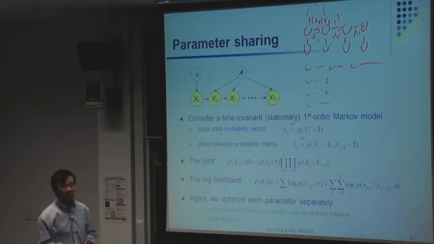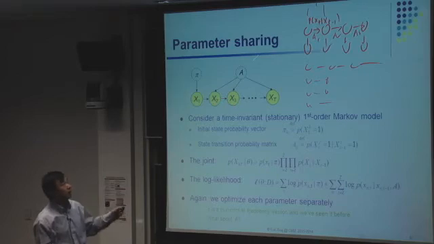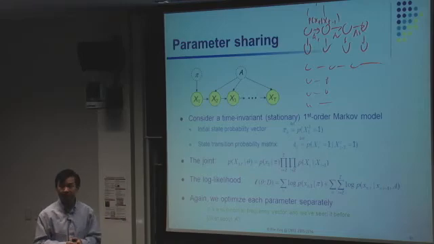Okay, so here the idea of parameter sharing is going to kick in, right? You are going to make a reductionist assumption that at every transition, I'm going to follow the same A, so that A is not going to be repeated over different data instances. It is going to be repeated within a data instance of repetitious events.